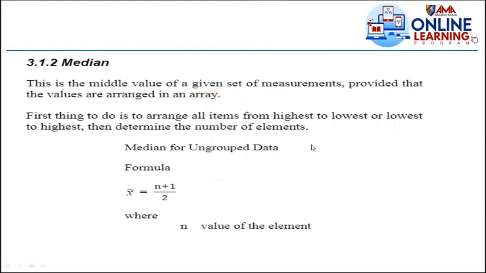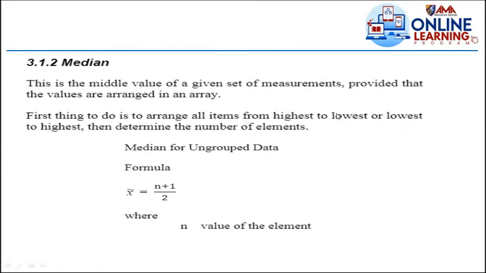So next we have the median. This is the middle value of a given set of measurements, provided that the values are arranged in an array. First thing to do is to arrange all items from highest to lowest or lowest to highest. Then determine the number of elements.